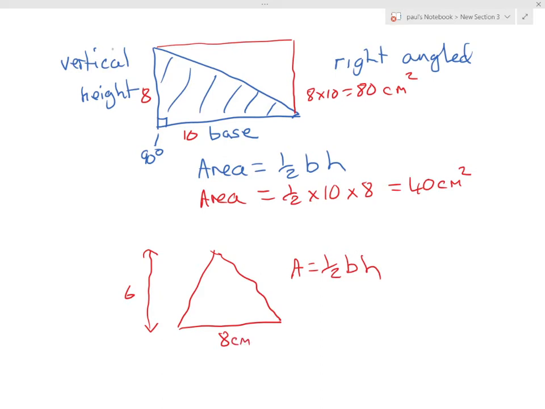Sometimes they'll put a unit on there or something. Ignore that, it's just to throw you off track. So this one is going to be half times the base, which is 8, times the height, which is 6. And it doesn't matter which way round you do this. 6 8s are 48. Half of 48 is 24 centimeters squared.